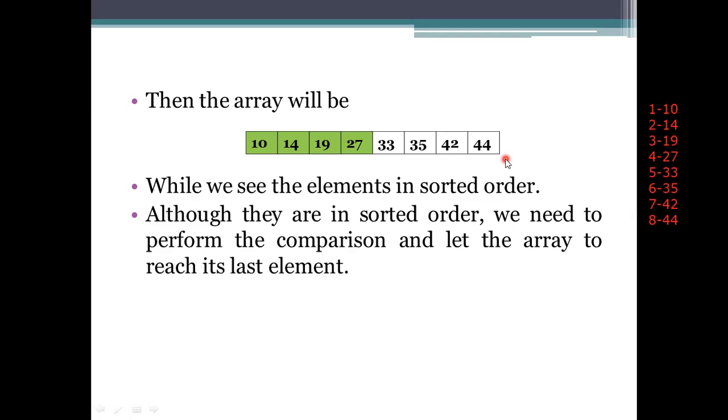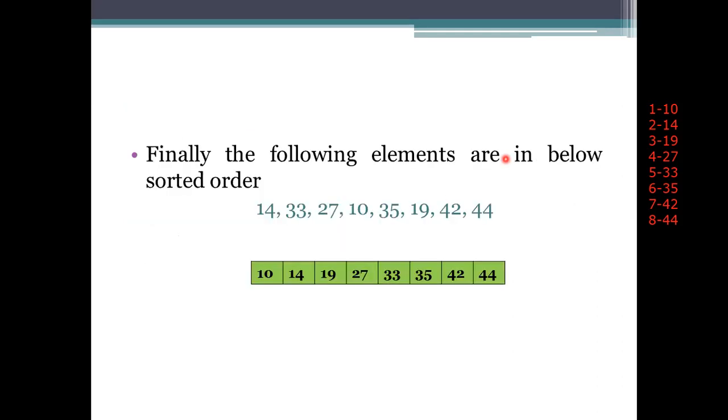We are not performing any swappings, but we need to do the assigning of the key elements, and then comparisons have to be done, and we need to specify that the value you have chosen will remain at its own position only. After that, the values we are given, which are in this order 14, 33, 27, 10, 35, 19, 42, 44, will be placed like this here.